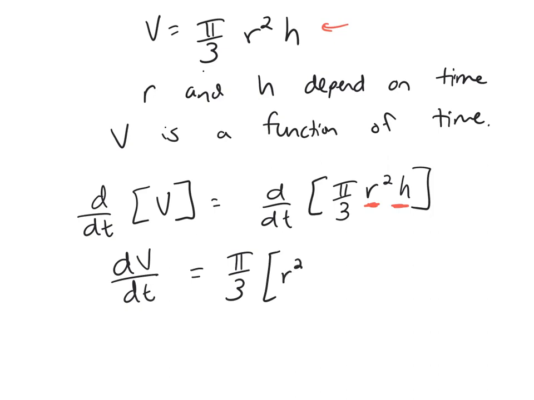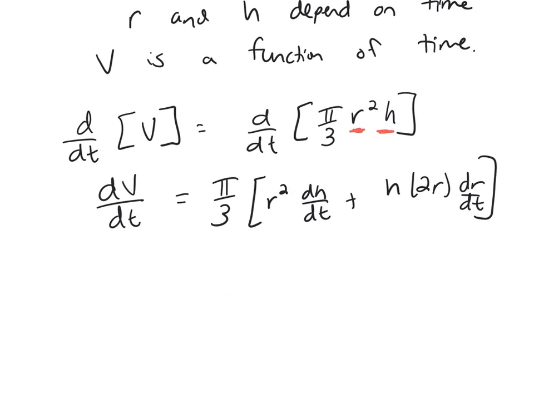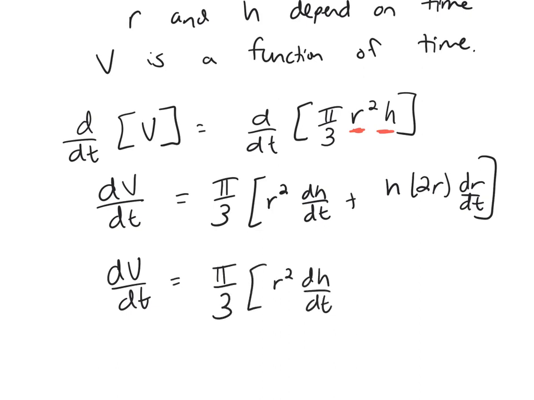This would be r squared times dh dt plus h, and then the derivative of r squared is 2r dr dt. So dV dt equals pi over 3 r squared dh dt plus 2rh dr dt.